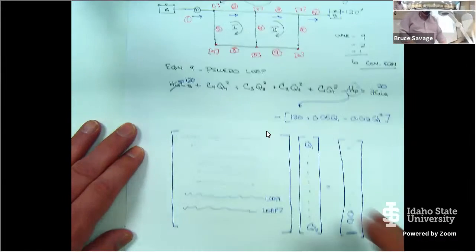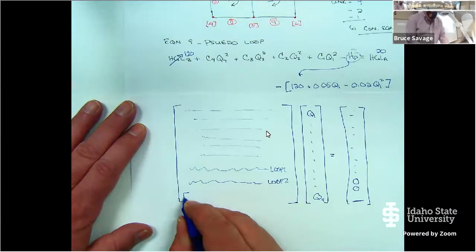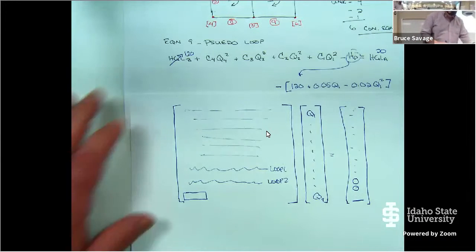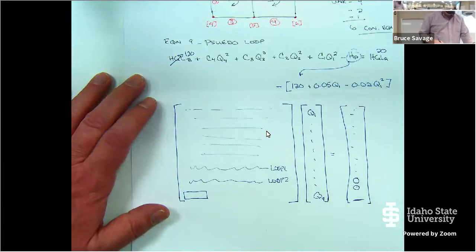Specifically, I want to focus on this spot right over here, pipe 1, because the other pipes are all the same. You've done all those before. In fact, if we had minor losses, we've done that too. You know how to put minor losses in there. So the only new part is this pump. Okay. So using those values, let's go ahead and let me give a value. Well, no, I guess we can keep C sub 1 there.